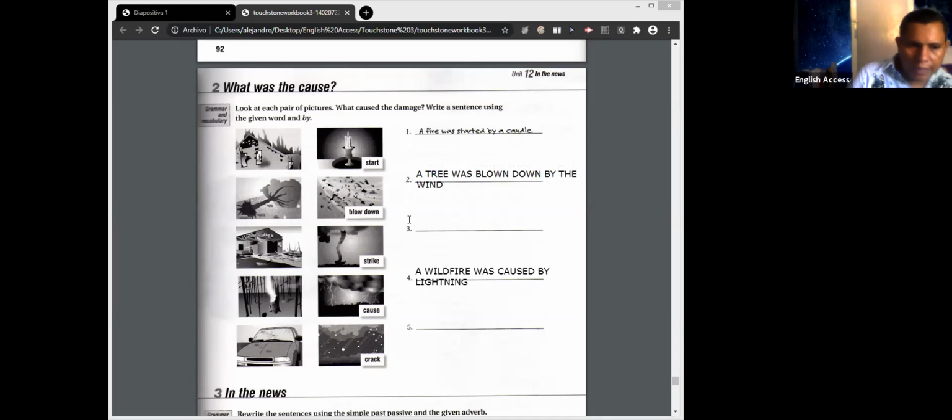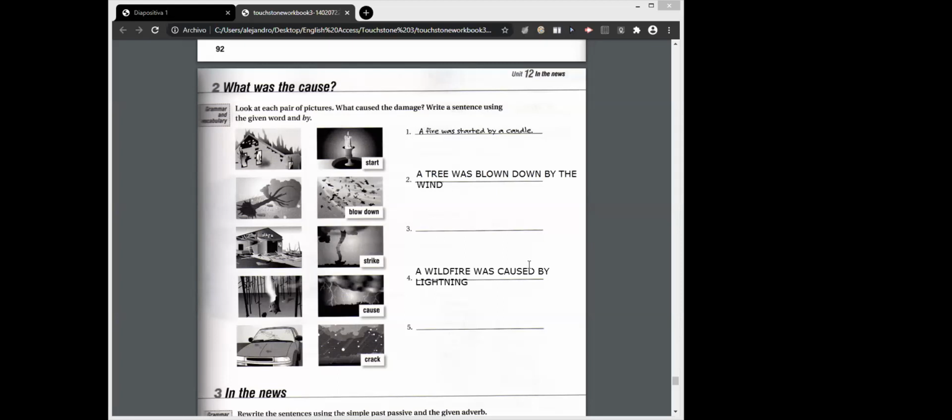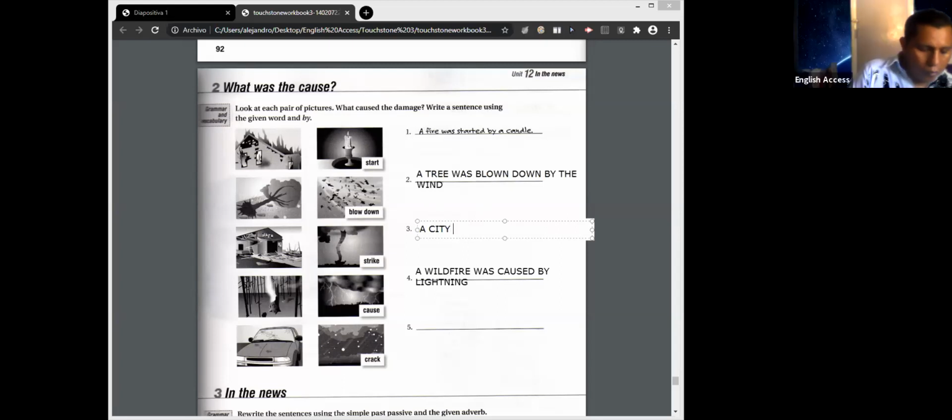Number 3, a town or a city. A city was completely struck by a tornado. Was struck by a tornado. Very good.